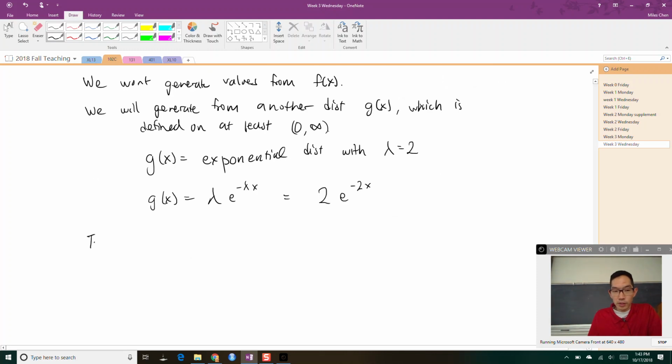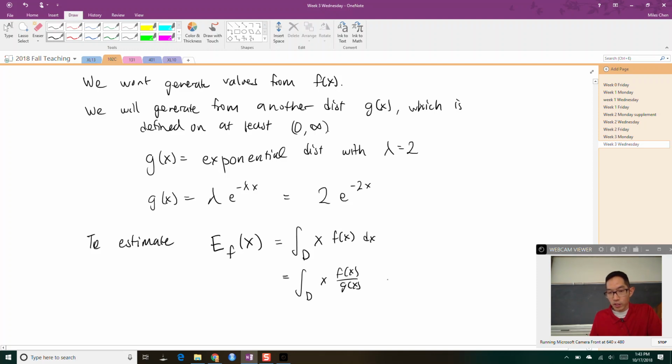So to estimate the expected value of x over f, which is x times f of x dx, we're going to do the expected value of x times f of x over g of x times g of x dx.